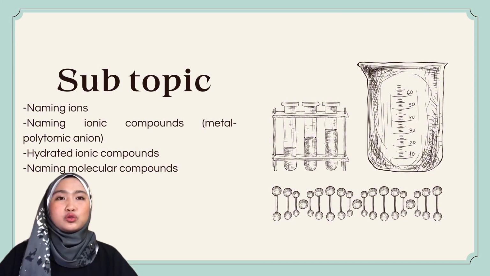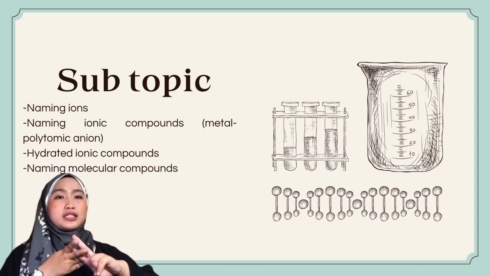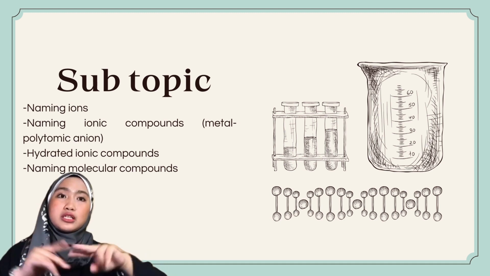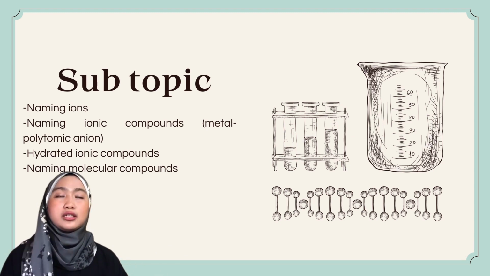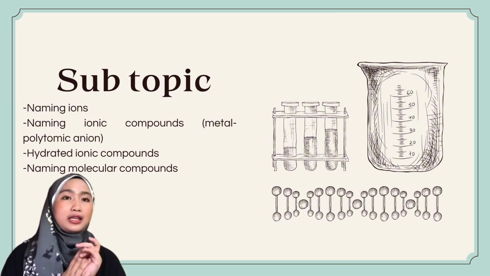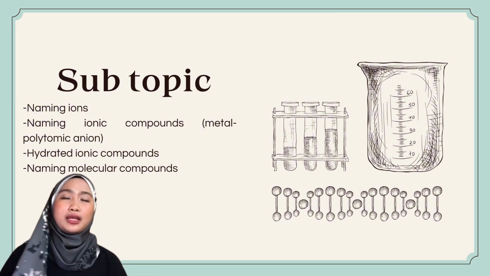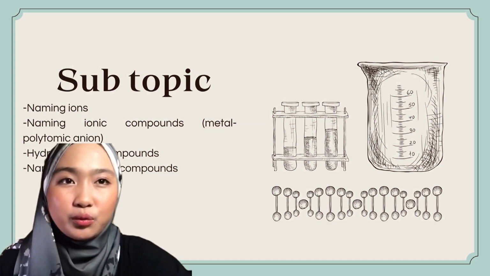So the first subtopic is naming ions. Second is naming ionic compounds, metal with polyatomic anion. Third is hydrated ionic compounds, and the last one is naming molecular compounds. So let's go.